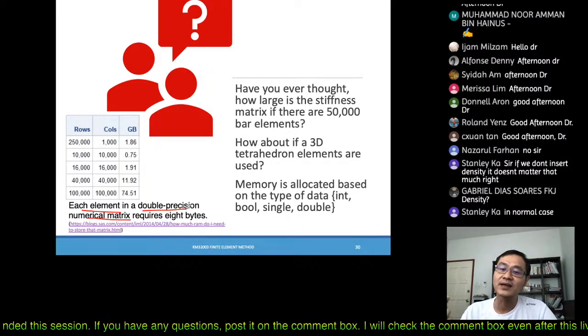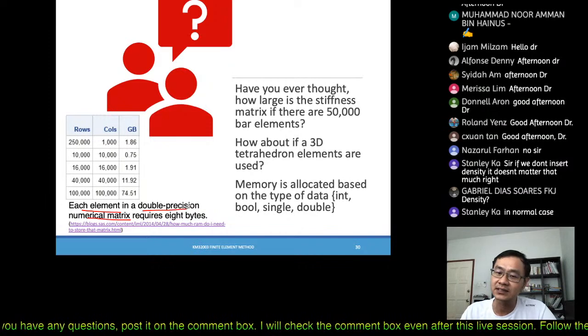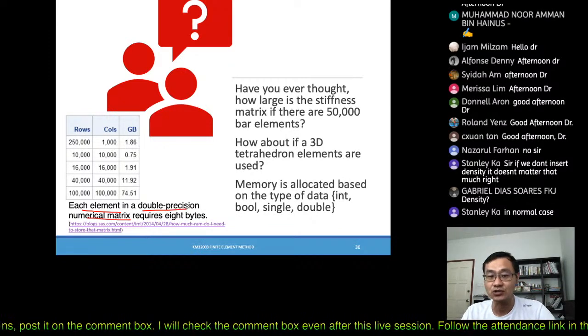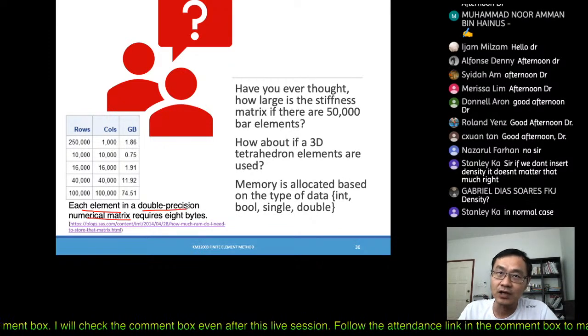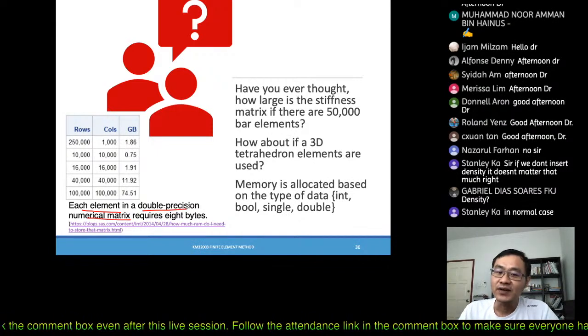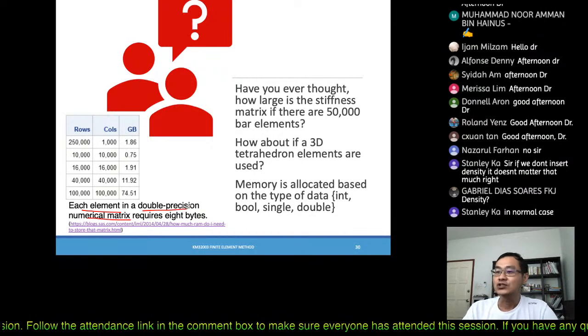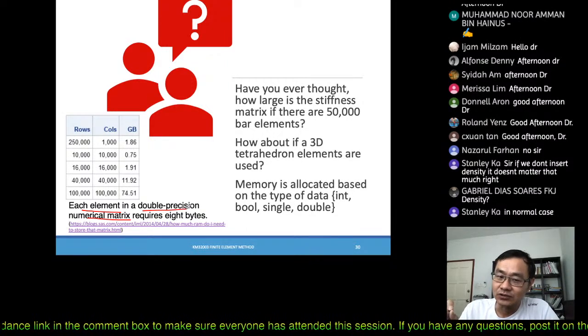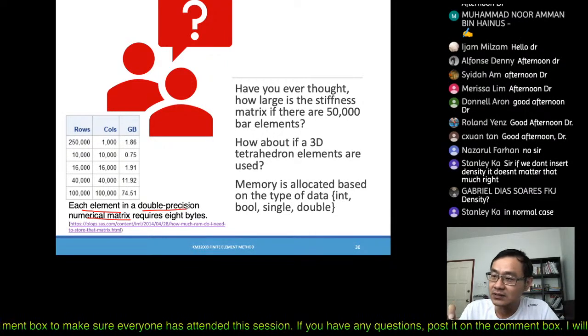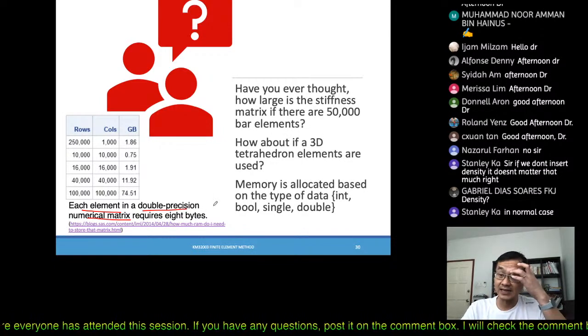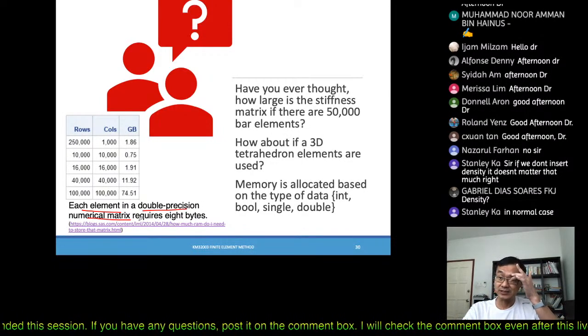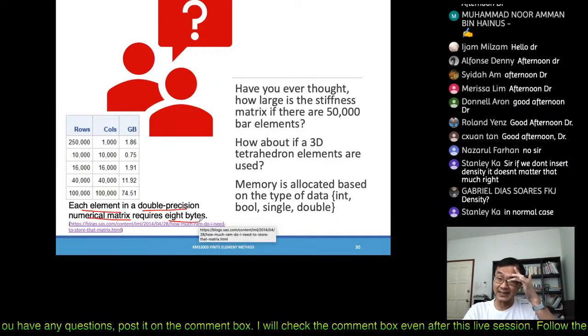You may define it as an integer, a boolean, single precision, double precision, and so on. In most FEM software, they will treat them as double precision, all right? So if you take one double precision element in the matrix, it may require 8 bytes.